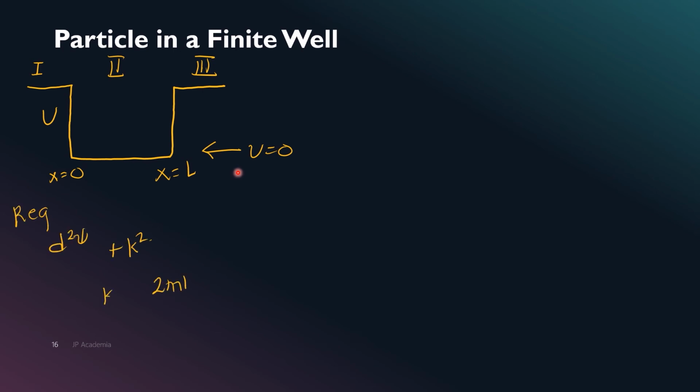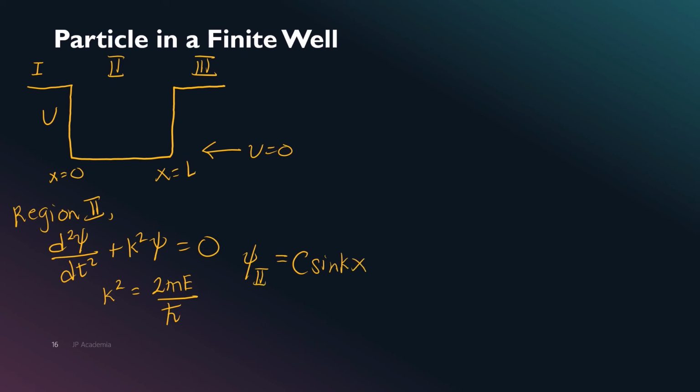At region 2, the Schrodinger equation is equal to this, wherein k squared is equal to 2mE over h bar squared. Same as our discussion previously, the solution for this is a constant C times sine kx. Note that for this finite well, we cannot impose that the wave function is 0 at the barrier or wall.